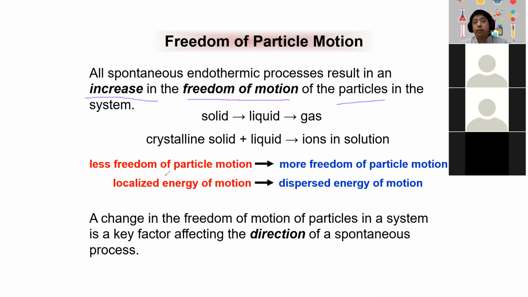And the less freedom that they have, then the less chance of spontaneity, or no spontaneity. So I'll give you a second to copy this down. This is the main drive for whether something is spontaneous or not.